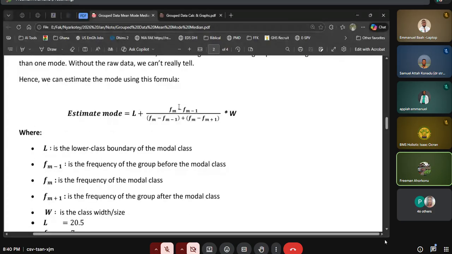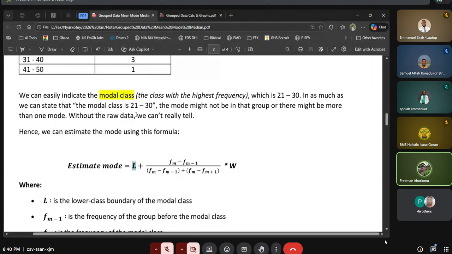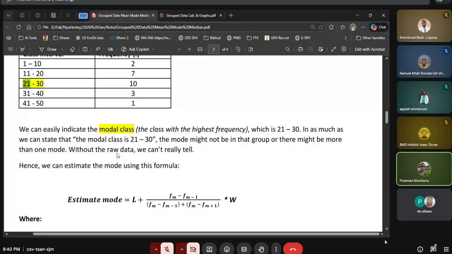And you just put the lower class boundary of the modal class there. That is 20.5. You put it here. Frequency of the modal class is 10, you put it here. Frequency of the class before the modal class is 7.